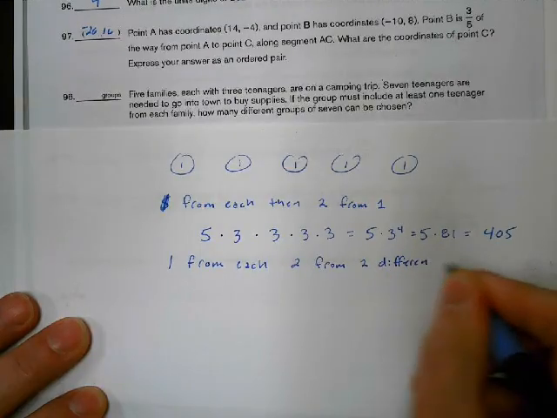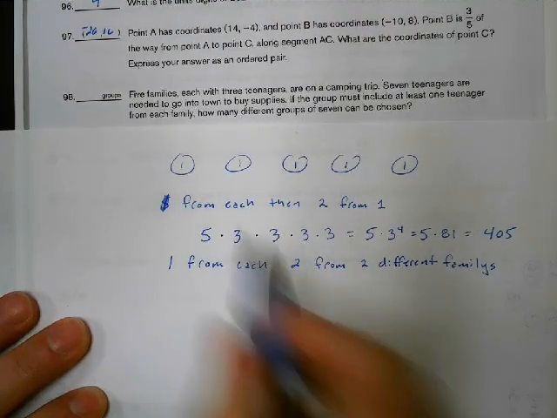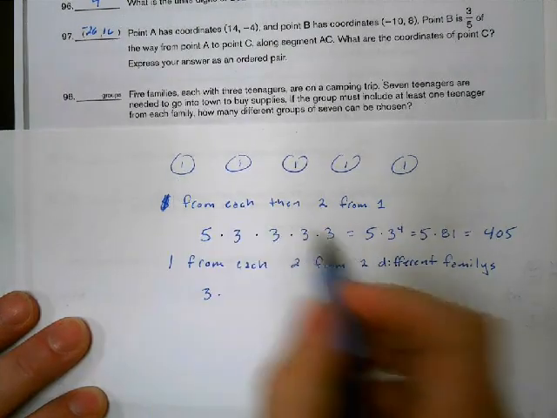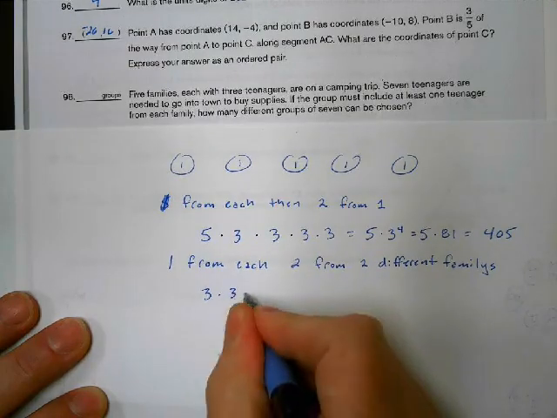Now, this one's a little bit weird. So this one, there's 3 ways to pick the first family, the 1 kid. There's 3 ways to pick that, 3 ways here, 3 ways here. So we got 3 times 3 times 3 times 3 times 3. That's picking 1 kid from each family.